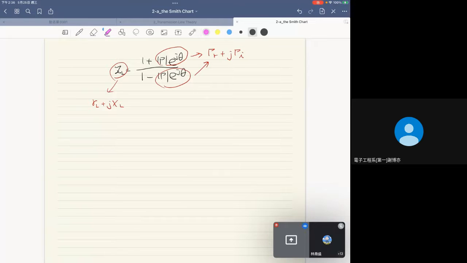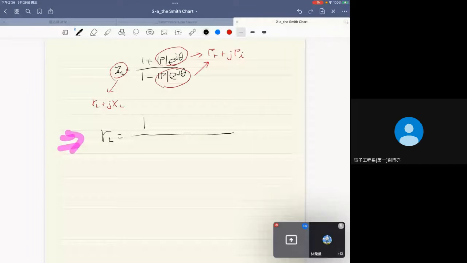If you separate the real and the imaginary part, you can finally obtain RL equals (1 minus gamma R squared minus gamma I squared) over ((1 minus gamma R) squared plus gamma I squared). This is the real circle.